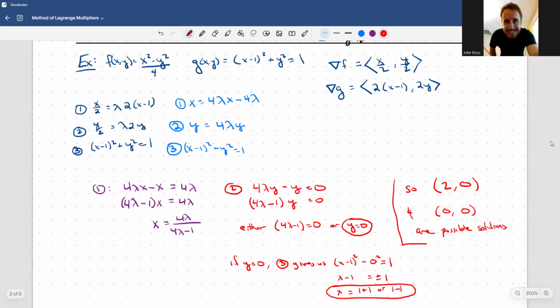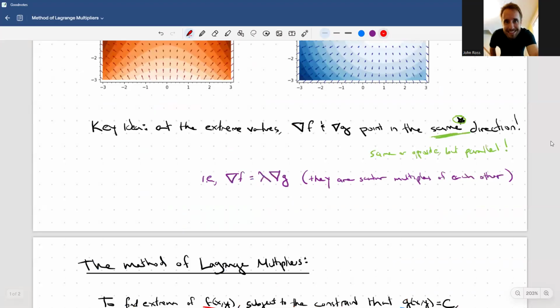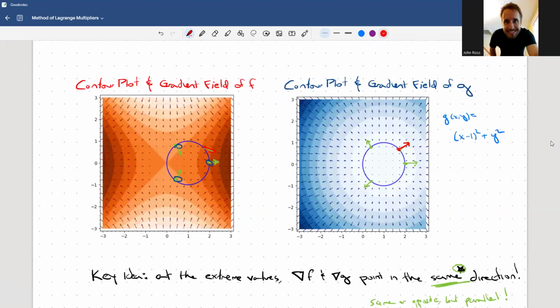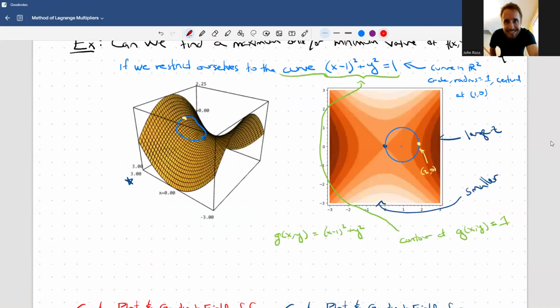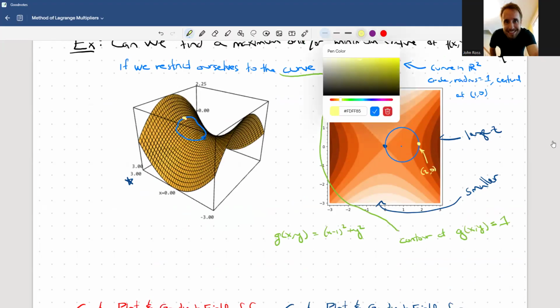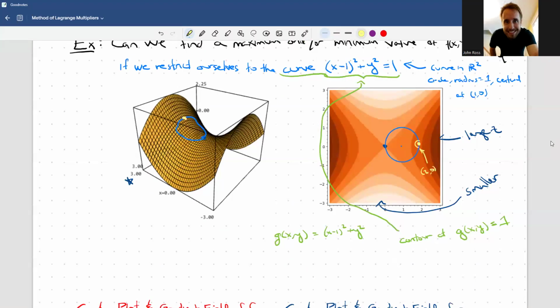All right. And with that, we have actually identified what we saw up above was our maximum value. Scrolling back up, let me come back up to this original picture. We have identified the point 2, 0 as one value of interest.